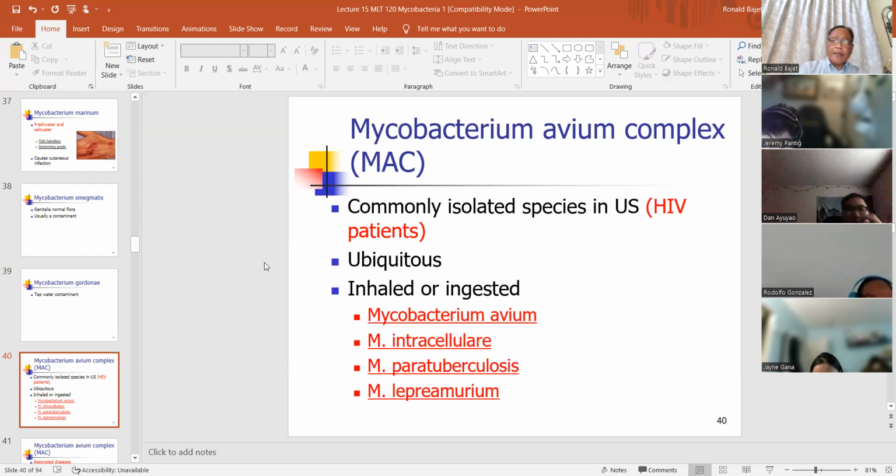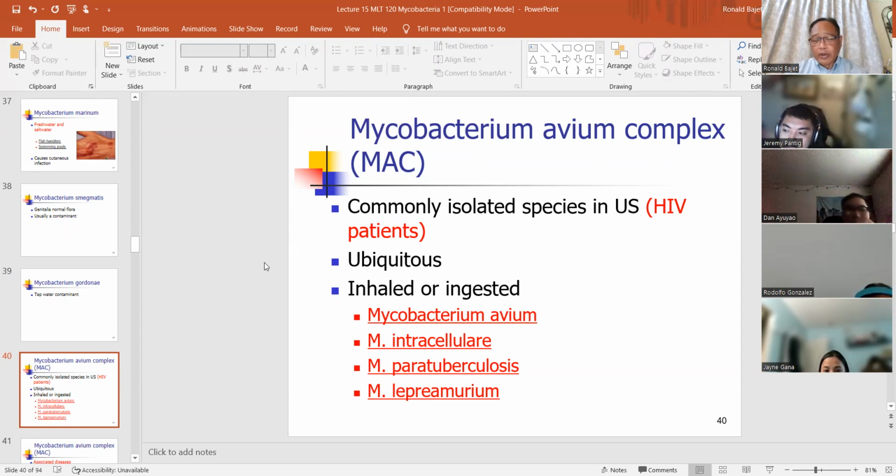The complex, MAC, Mycobacterium avium complex. It's the most commonly isolated species in the US, especially with HIV patients. It's opportunistic and ubiquitous, meaning that it's found everywhere, and you can get it either by inhalation or by consuming it through your mouth. So that's Mycobacterium avium. Actually, those two are another complex called Mycobacterium avium-intracellulare.